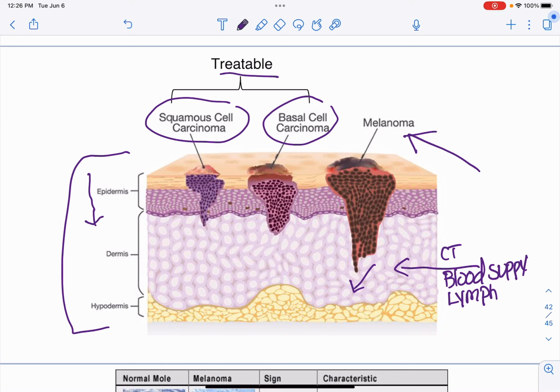That is the worry, and why the depth of how far these moles migrate into the skin is the biggest concern.